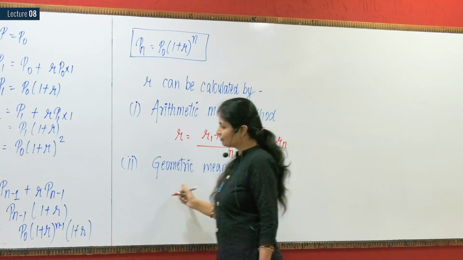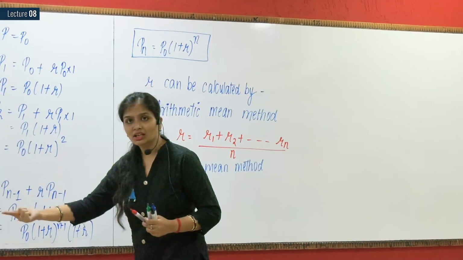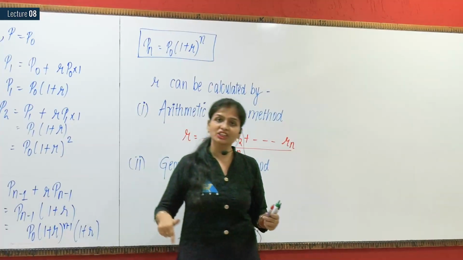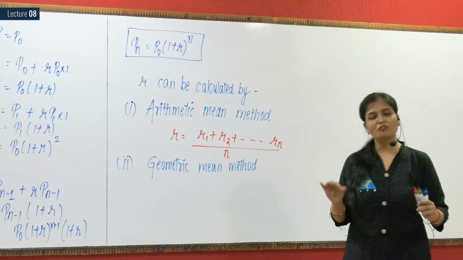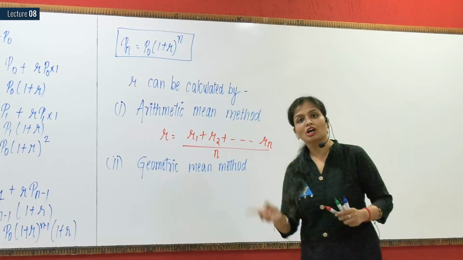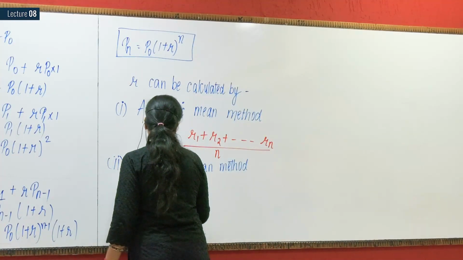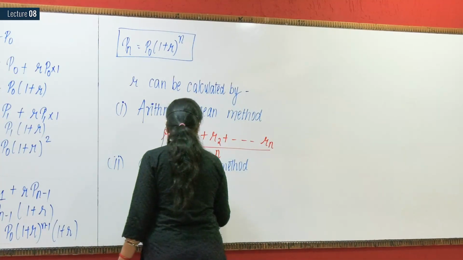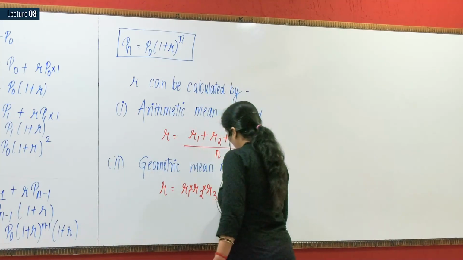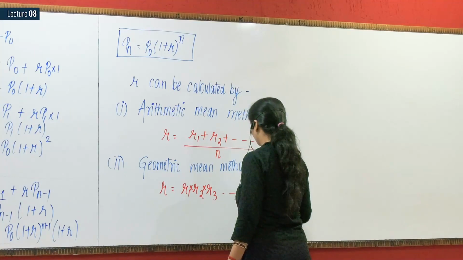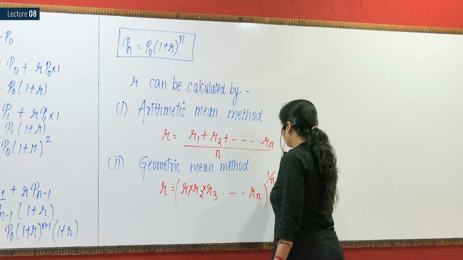Similarly, if it has been asked from the geometric mean method, the geometric increase method is a method to forecast the population, while the geometric mean method is the one with the help of which you will calculate the value of R. Both things are different. So, here you will calculate R by R1 into R2 into R3, this is a multiplication, up to Rn, to the power 1 by n.